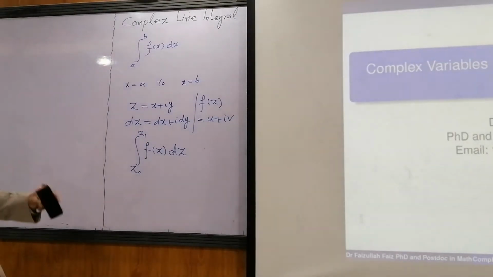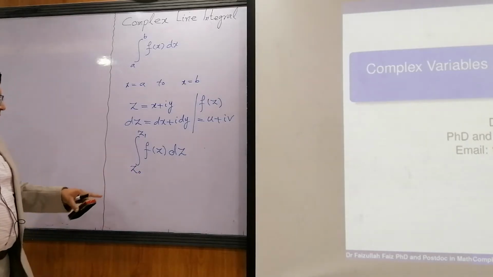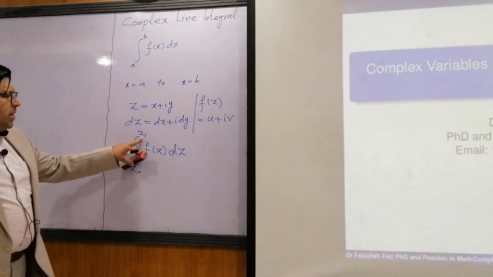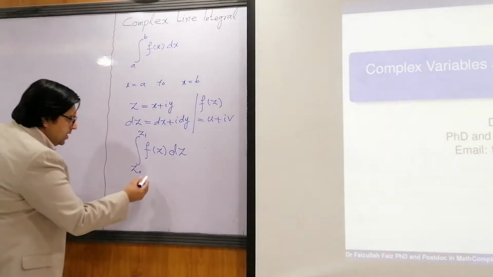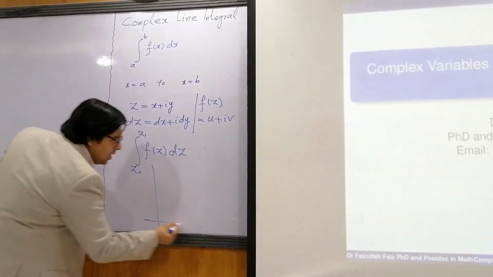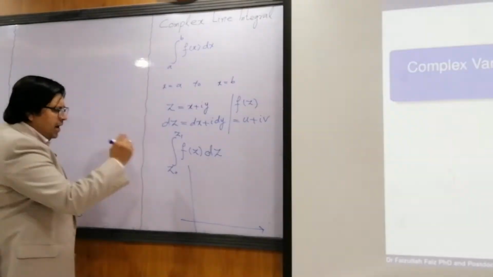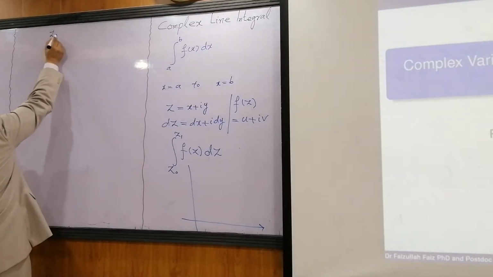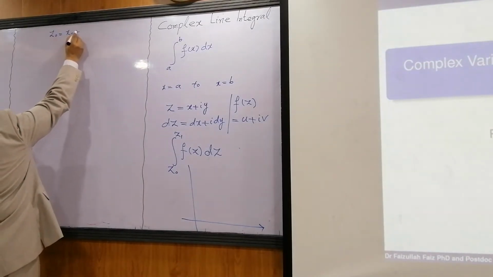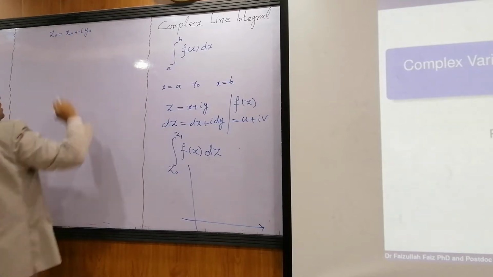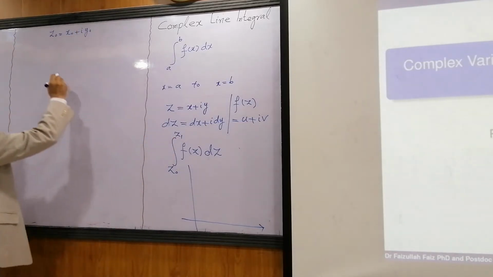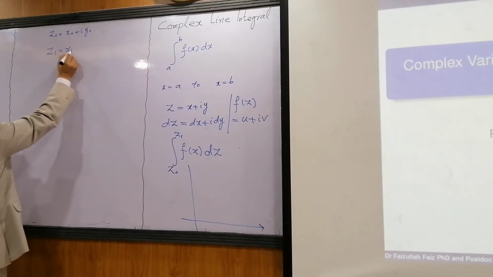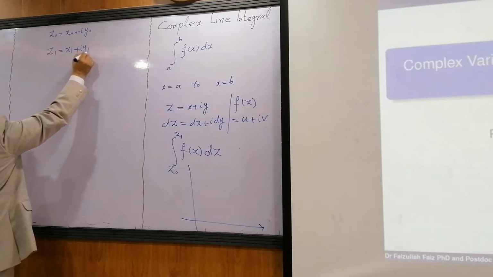Now let us see what we mean by this integral. Here z0 is a complex number, z1 is a complex number. If I represent this in the complex plane, then let z0 be equal to x0 plus iota y0, and z1 equal to x1 plus iota y1.